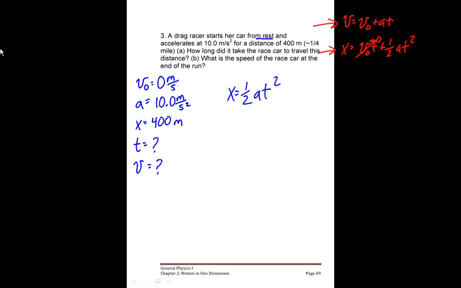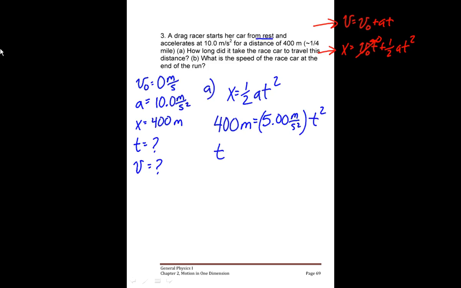So I know x, I know a, but I don't know t. So I'm going to solve this for t, and that's part A. That's 400 meters equals 1/2 of a, that's going to be 5.00, it's a half of my acceleration times t squared.